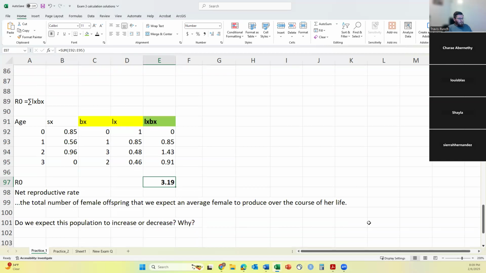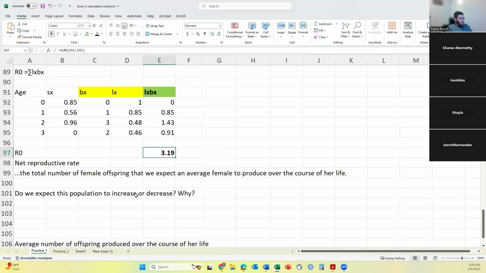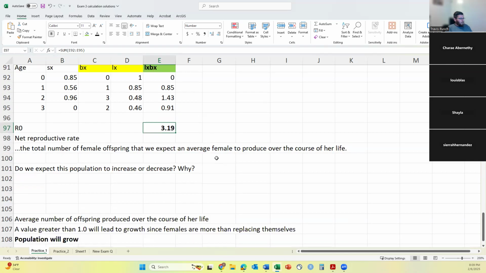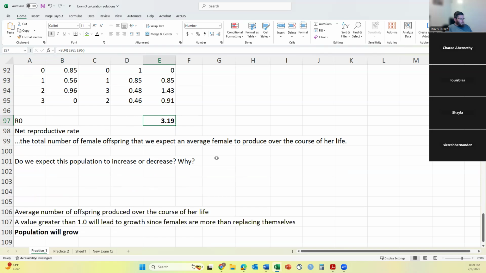We're going to say we expect it to increase because the value of rho is 3, which means this female is more than replacing herself with more females. So that's why it's going to grow. So that is this, practice on a multi-part math problem.